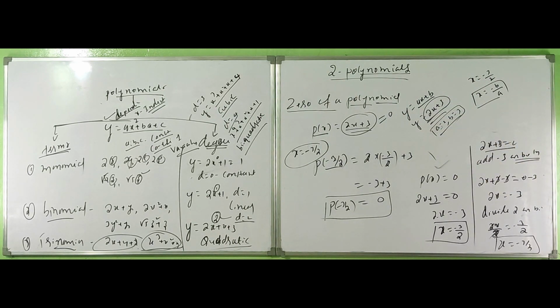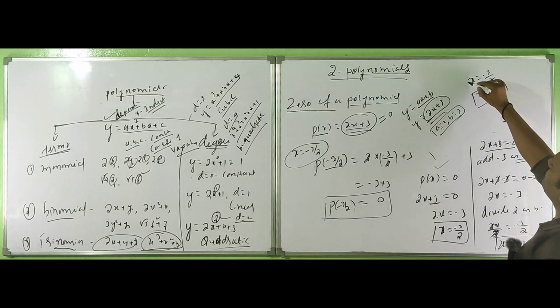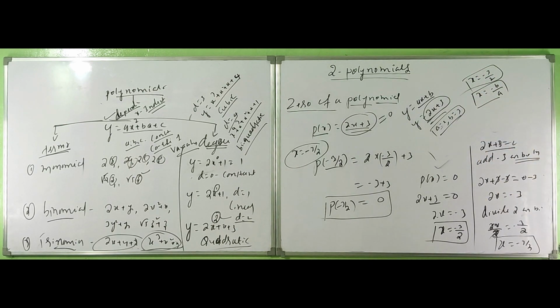This is minus the constant term, not the coefficient here. x is equal to minus the constant term divided by the coefficient of x.